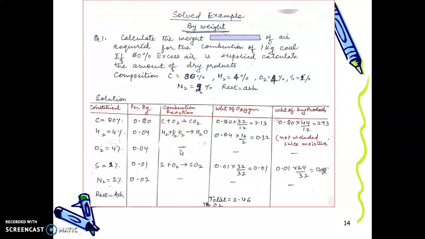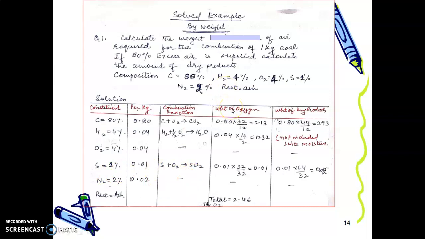Sulfur: S plus O2 giving SO2. Nitrogen, similar to oxygen, does not have any combustion reaction. Whatever amount of nitrogen is present in the fuel, it is completely eliminated as waste gas.